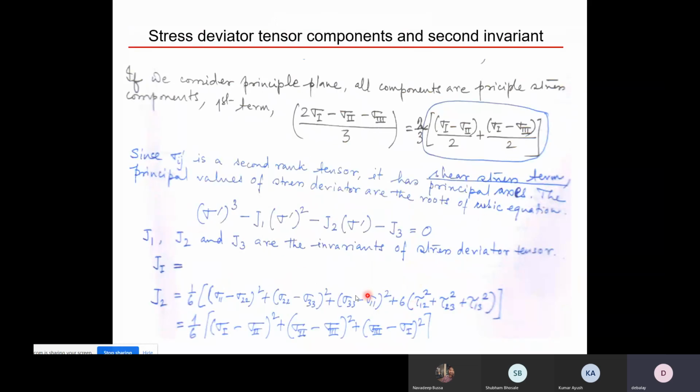You expand whatever you get, that is of not much importance. But von Mises said the second invariant, that is J2. So yielding will occur when J2 equals or exceeds a critical value. Therefore, the J2 form is written either in terms of the stress tensor form or the principal form. In both ways you can write it.